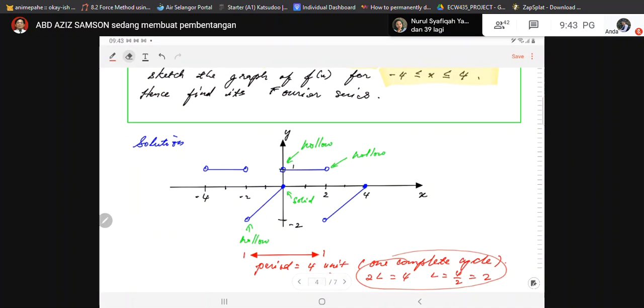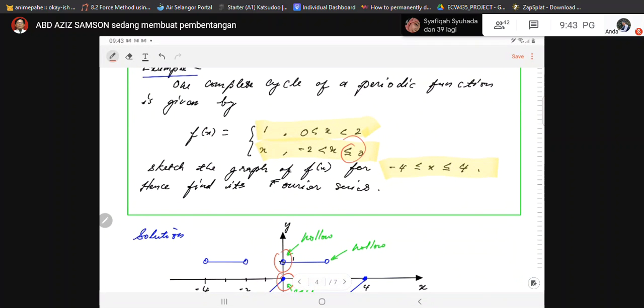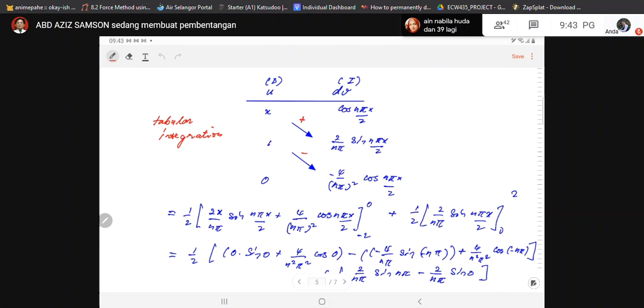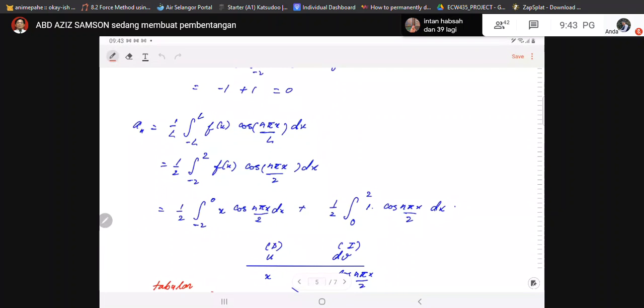Here you have a solid one, and this is a hollow one, because of the definition there. When x equals 0, the point is included.